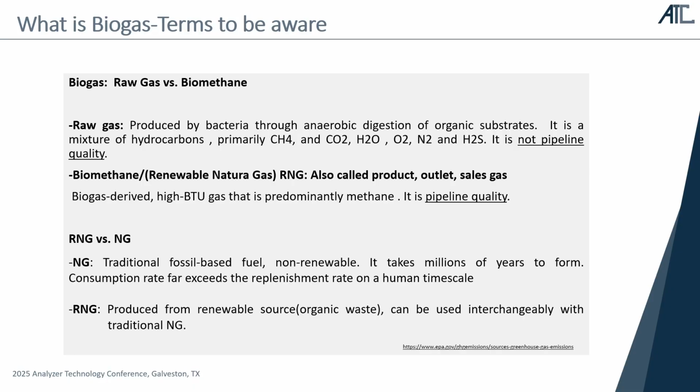So really the difference is the sources. The reason traditional natural gas is considered non-renewable is that it takes millions of years for those fossils to form, but the rate at which it is consumed by humans far exceeds the rate at which it forms. So that's why it's considered non-renewable.